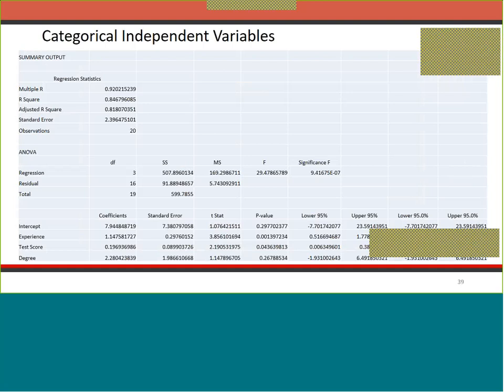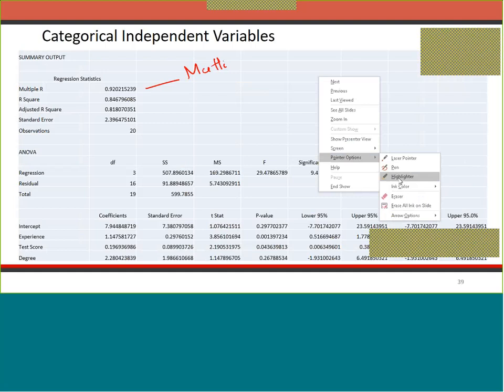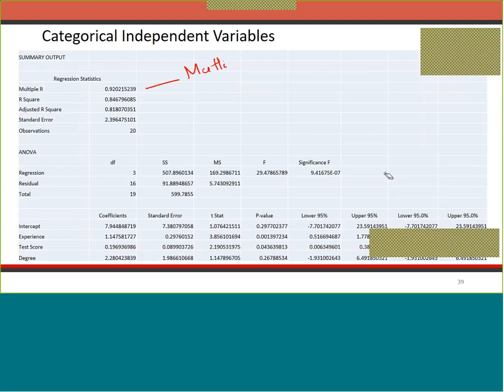Somebody has asked me about this multiple correlation coefficient. Yes, this concept we don't have so far.